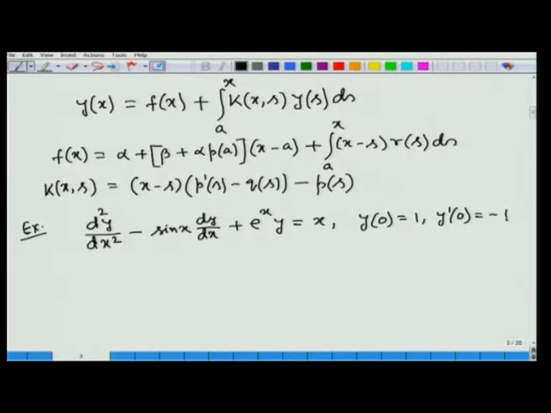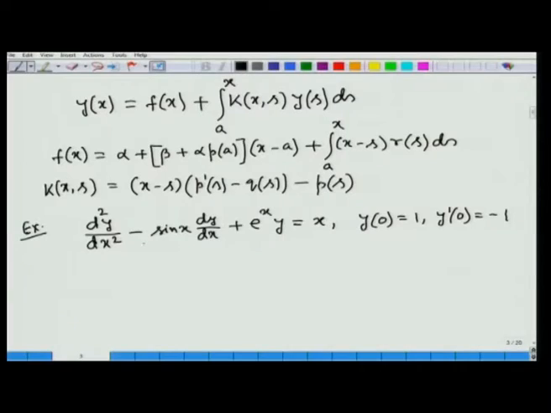If we compare with our general format for the second order ordinary differential equation, then you can see p x is minus sin x, a known function, q x equal to e to the power x, r x equal to x, alpha is equal to 1 and beta is equal to minus 1.